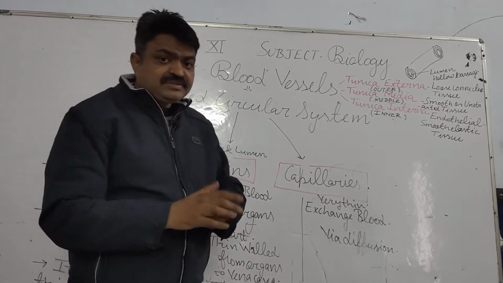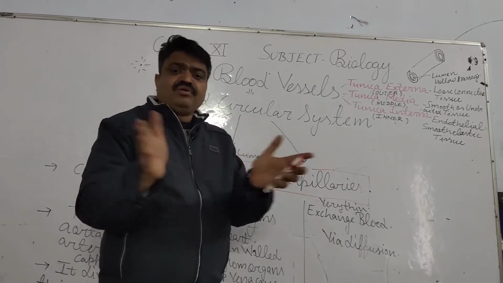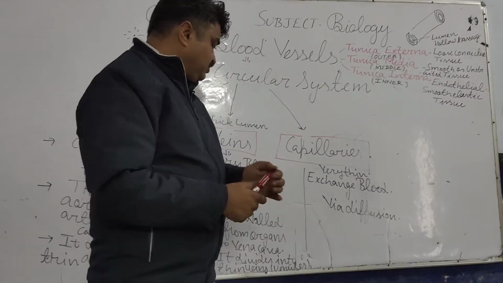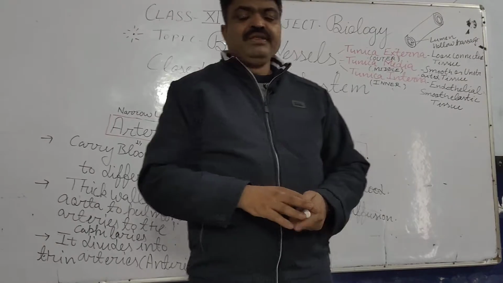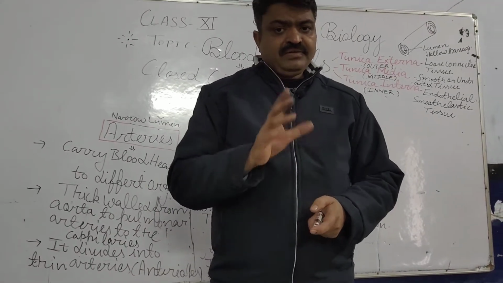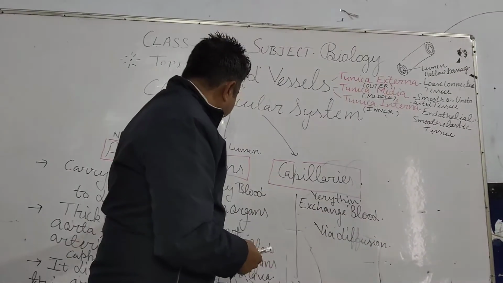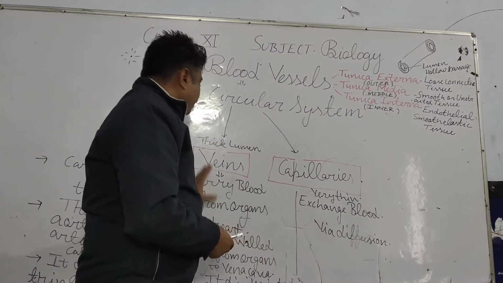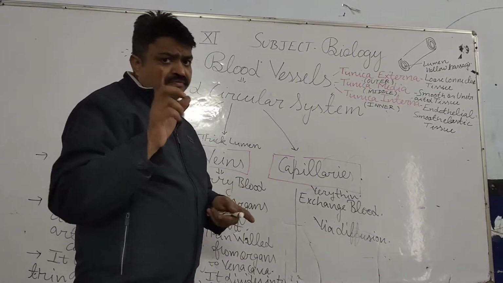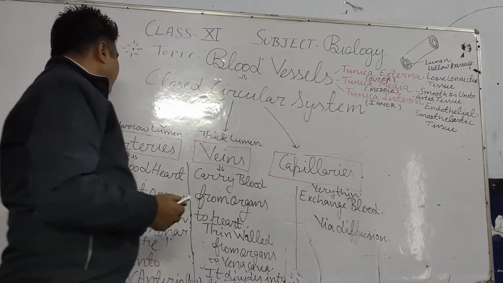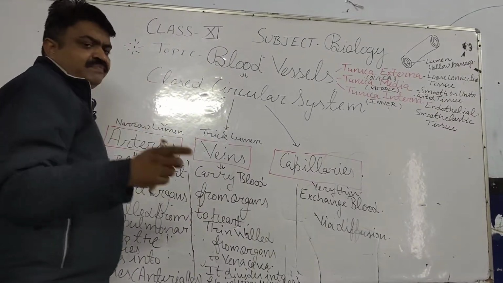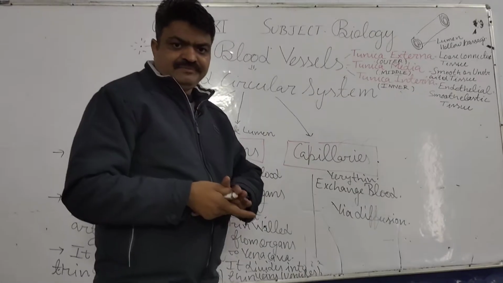Now veins are again divided into small veins, student, and those small veins are known as venules. The veins have the impure or deoxygenated blood. Now there are some exceptions, student. In the arteries, there is one exception, that is the pulmonary artery.